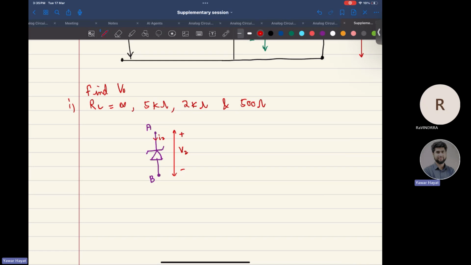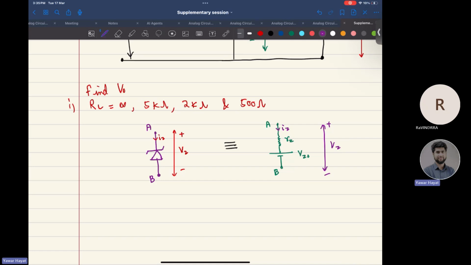Okay. So what is its equivalent? It's as if you have a resistor of resistance RZ and an ideal DC battery of potential VZ0, and this is the same IZ that would be flowing here, right? And we'll have VZ drop occurring between the terminals A and B.